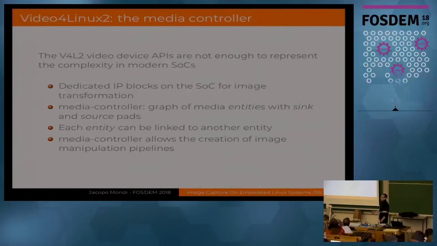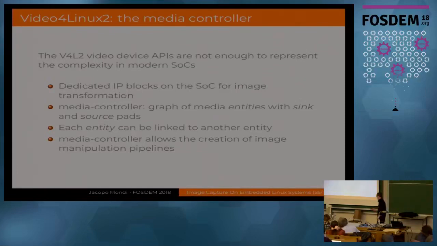This is not the case with today's modern SoCs, because modern SoCs have very specific blocks for performing image transformation and image manipulation in a way that is way more efficient than what an image sensor can do. So the video device node abstraction is not enough for that, because you have a single point in user space where you are meant to control all the SoC components that can do image transformation, which is limiting.